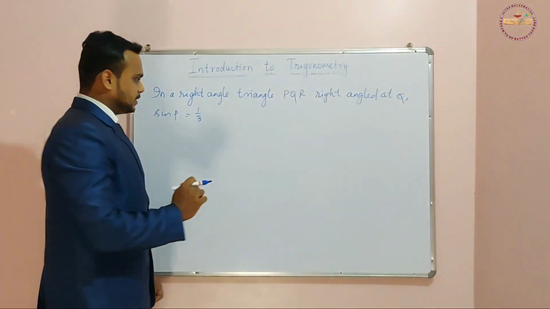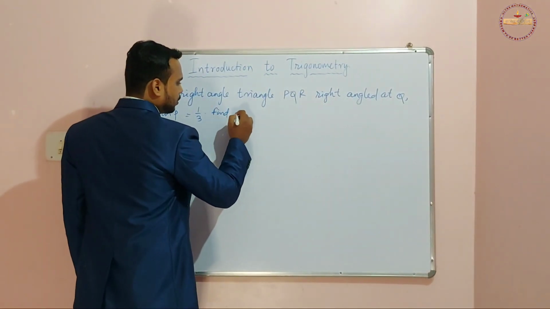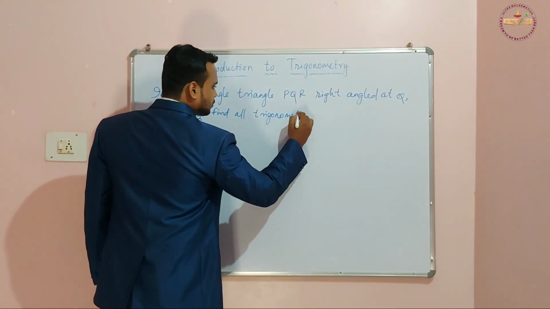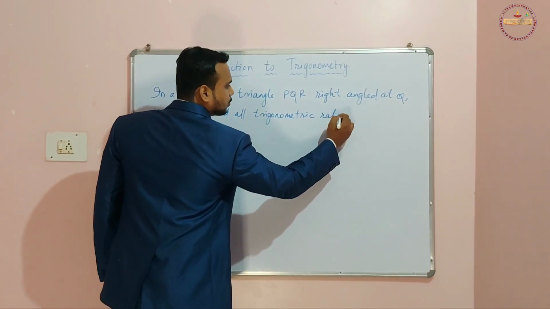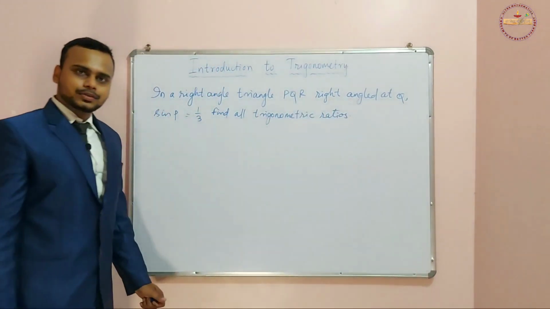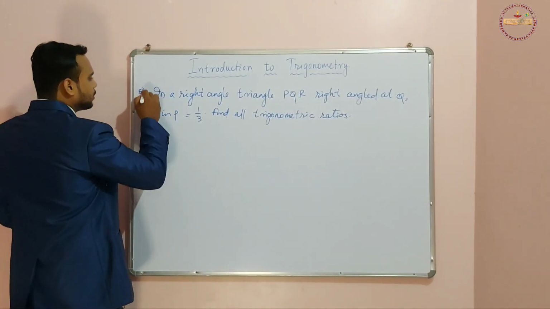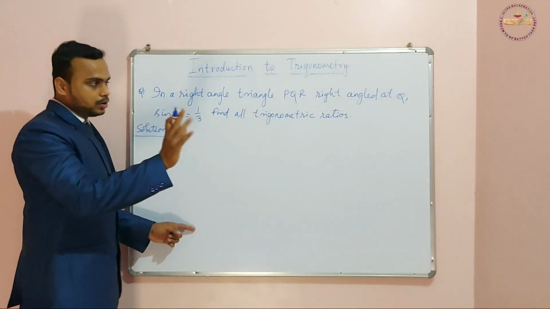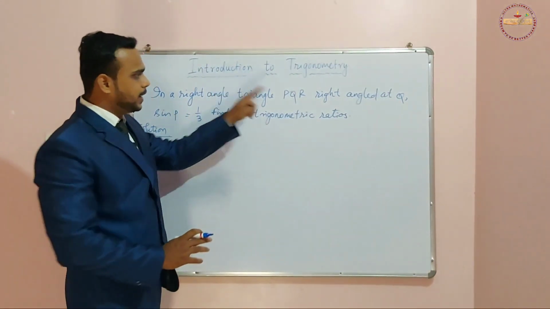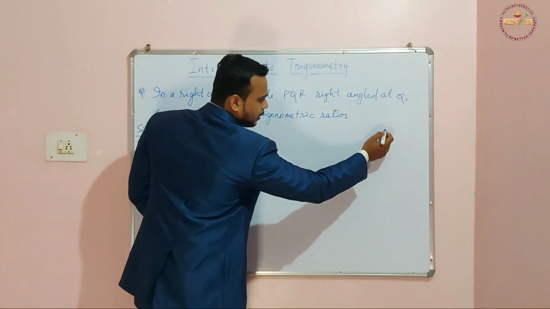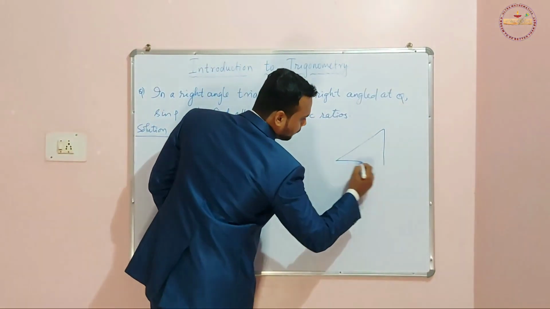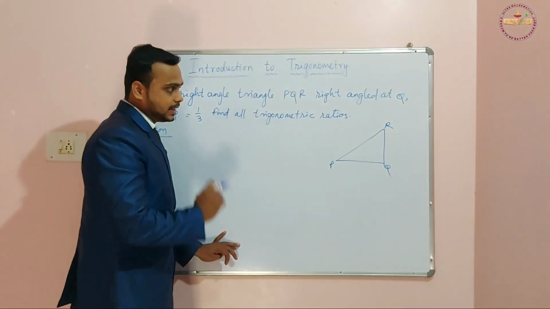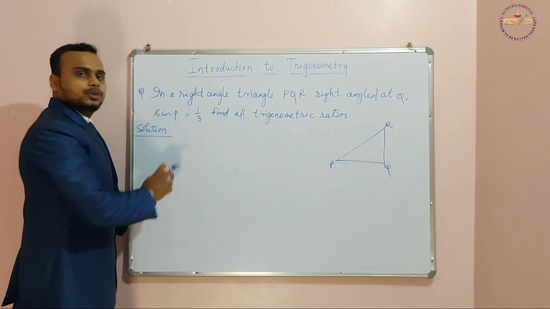The question asked is to find all trigonometric ratios. So this is the question, and we will write the solution. First of all, the figure is very important in this case. We will draw the right angle triangle PQR, right angled at Q.